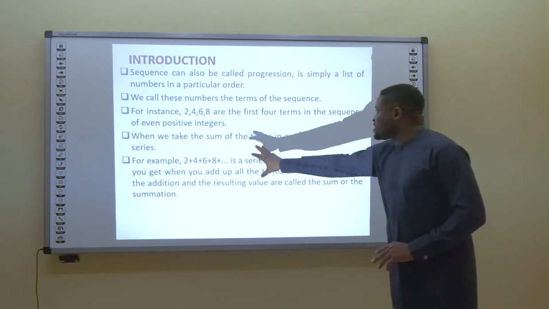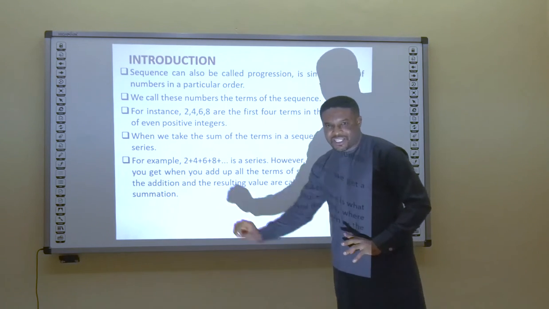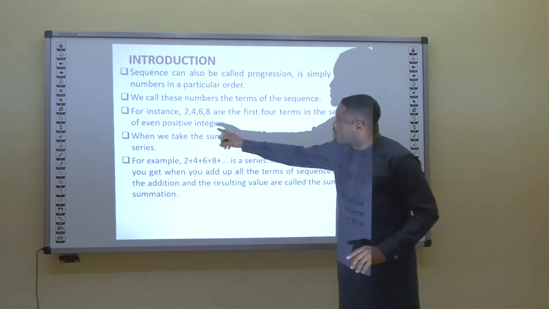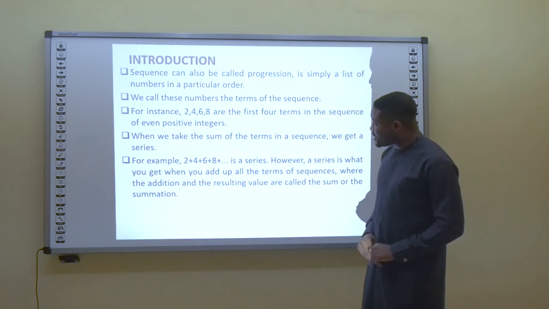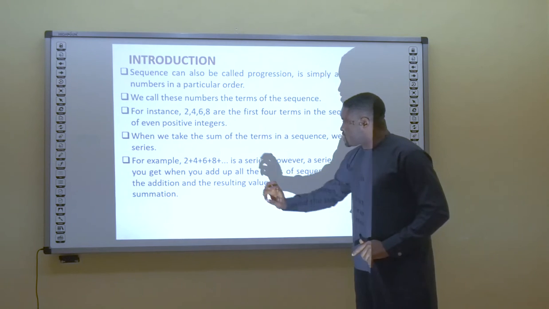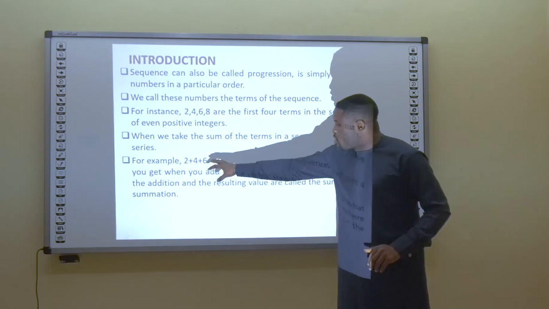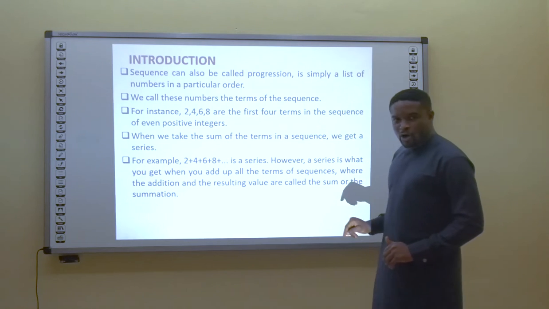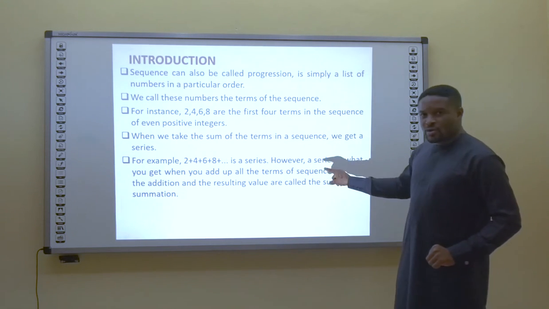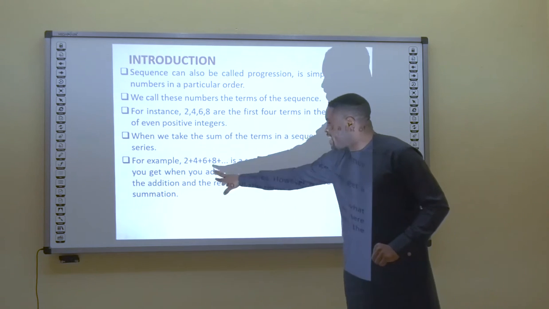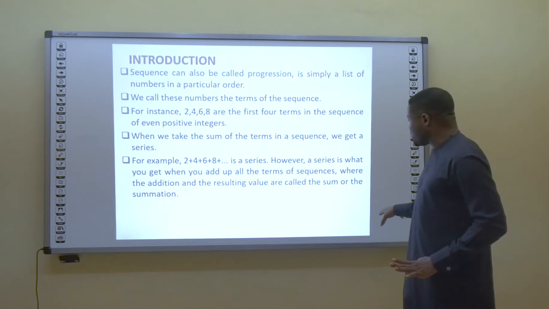So, when we take the sum of the terms in a sequence, we get what we call a series. So, for instance, if we were to add these even positive integers on this slide, you will see that when we add all of them, it becomes a series. But there's something to note, that a series is what you get when you add up all the terms in the sequence.